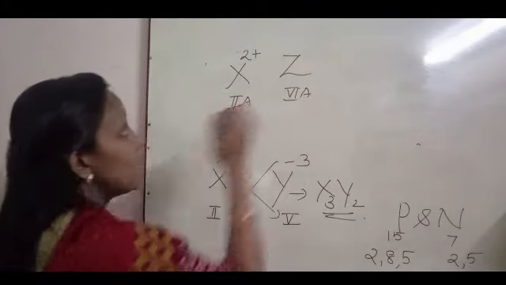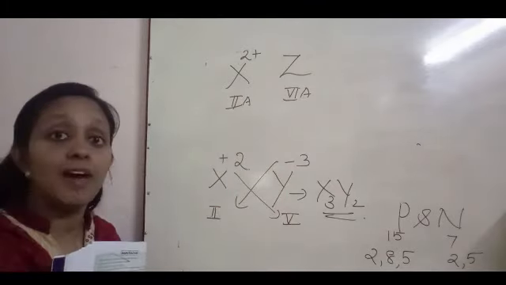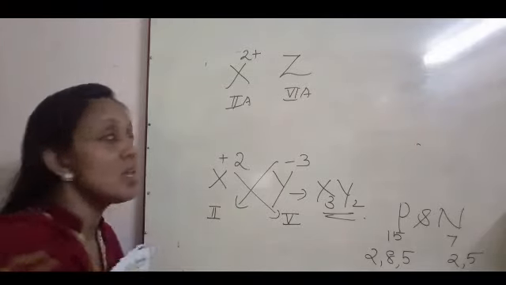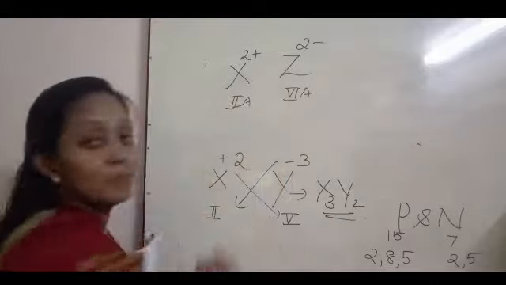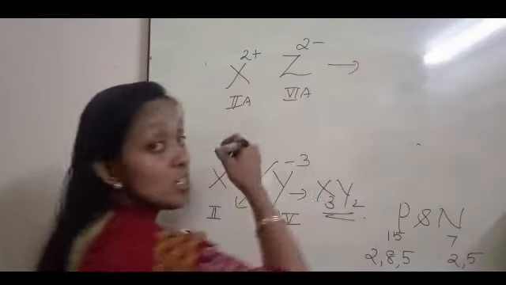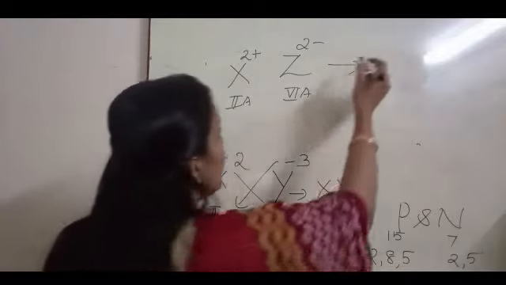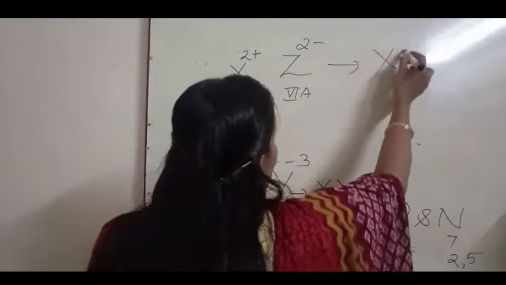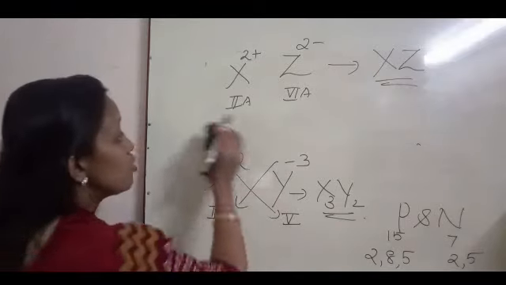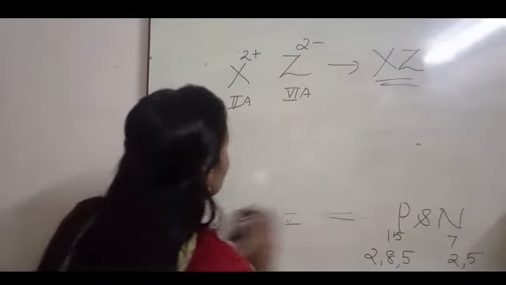What will be the valency of Z, children? 6A, isn't it? So it will gain 2 electrons. Valency will be 2 minus. So after exchange of valencies, you will get the formula of the compound as XZ. Have you followed?